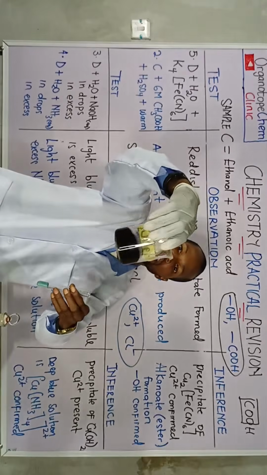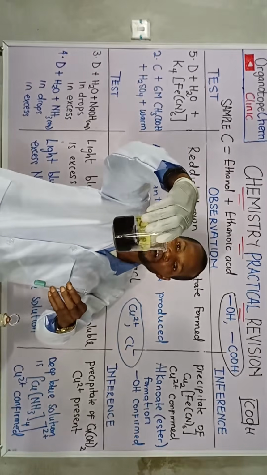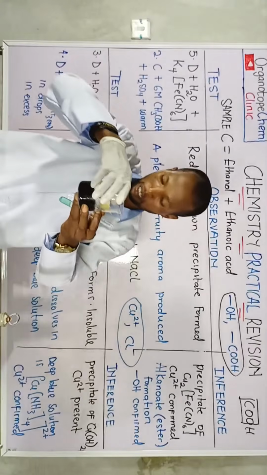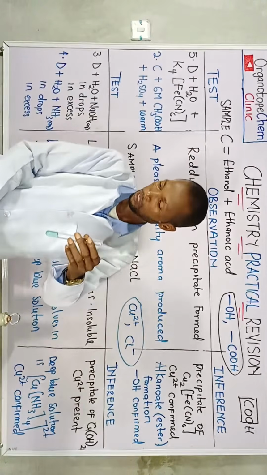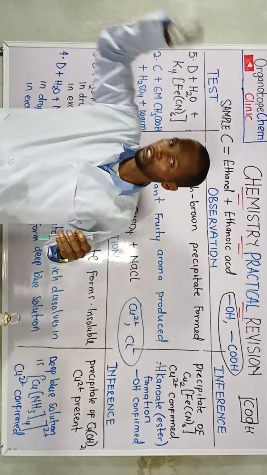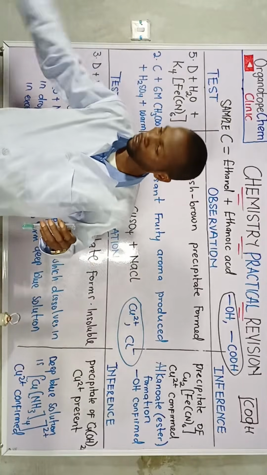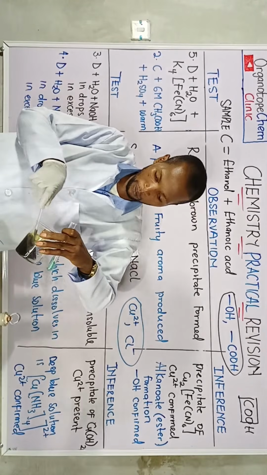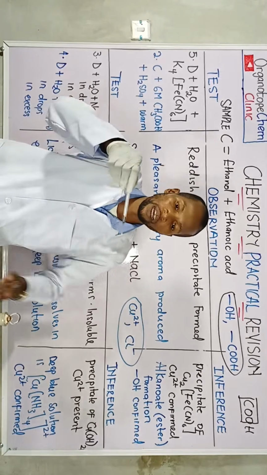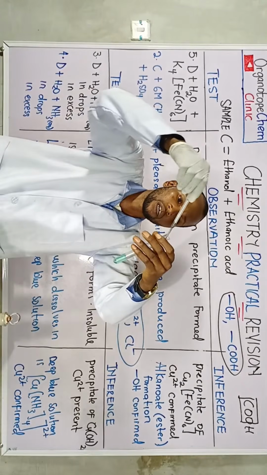Can you see? Make sure you mix before you add it. We add the silver nitrate in drops, so let's take our dropper and slant it so I can add in drops.